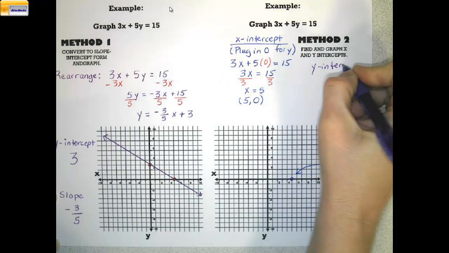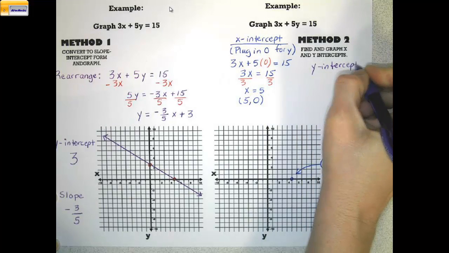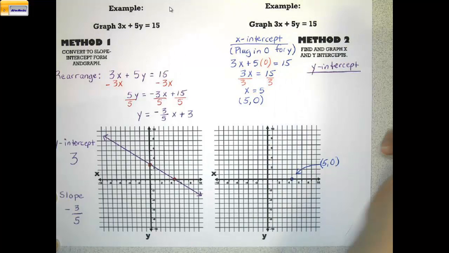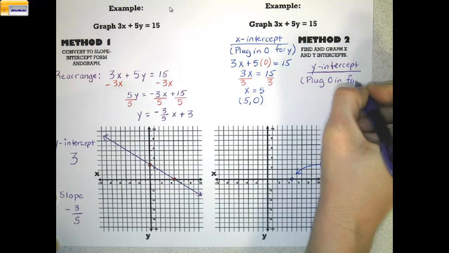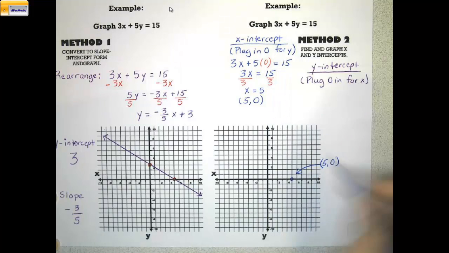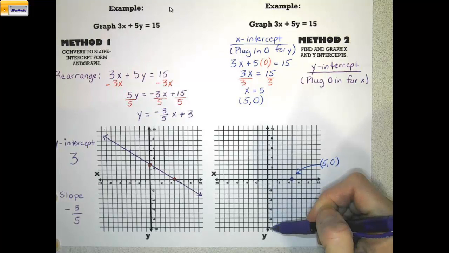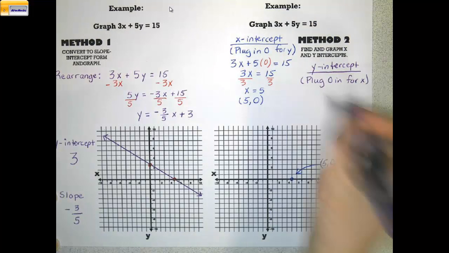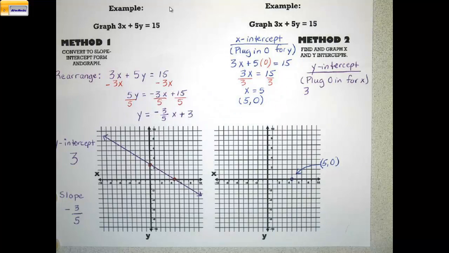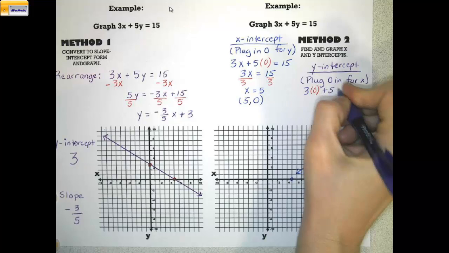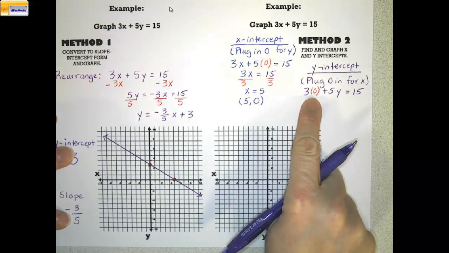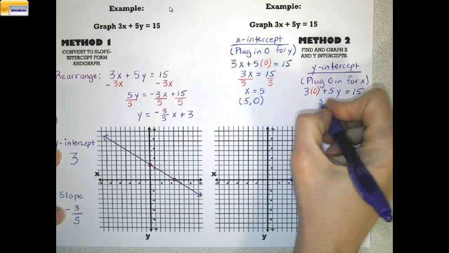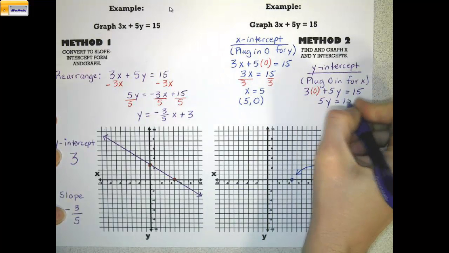Next, I need to find the y-intercept. I'm going to use a similar process, except now that I'm looking for the y-intercept, I'm going to plug the 0 in for x. Because you'll recall, if you are on the y-axis, then x is always equal to 0. So this time my equation is 3 times 0 for x plus 5y equals 15. 0 times 3 is, of course, 0. So I am left with 5y equals 15.